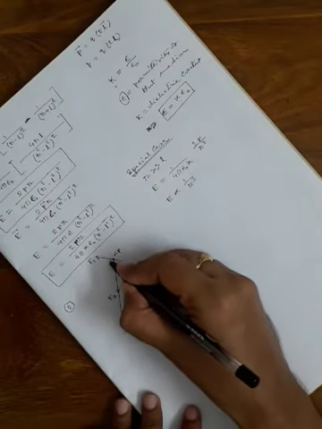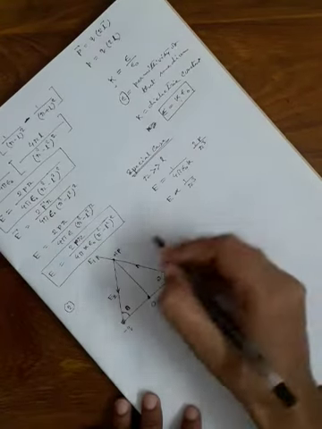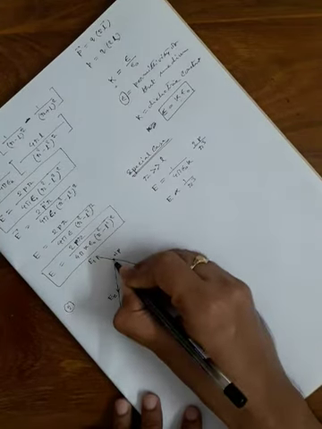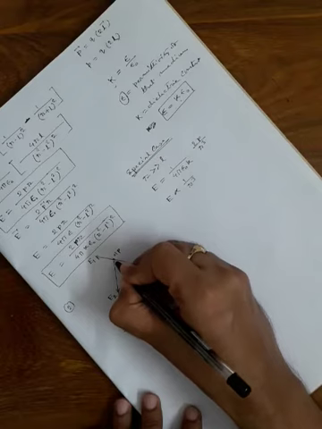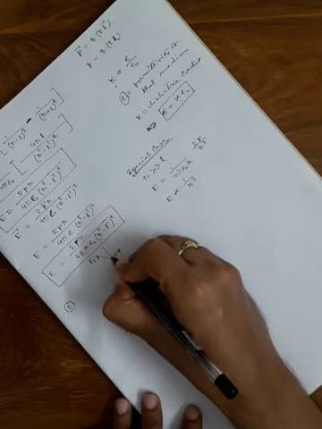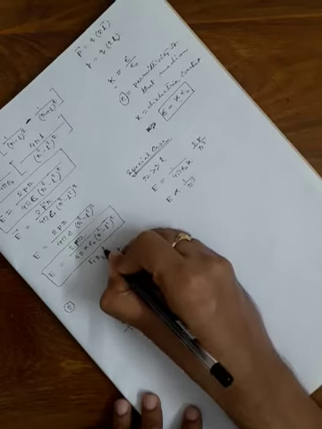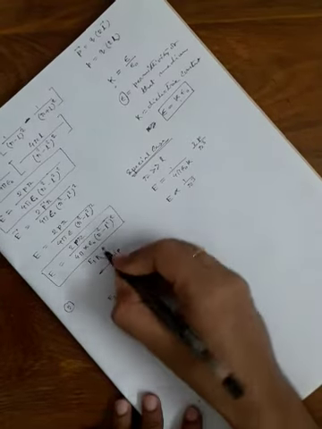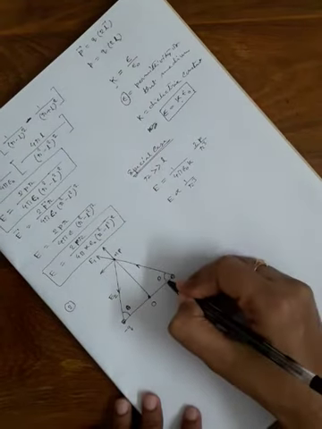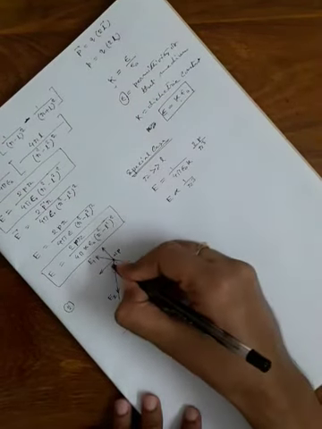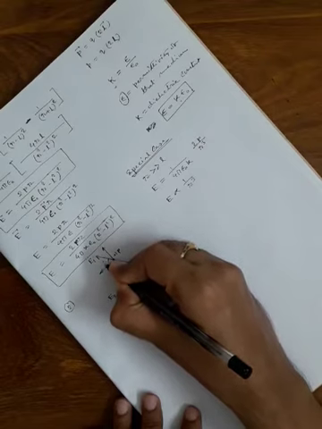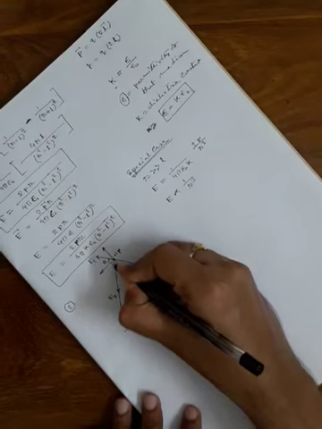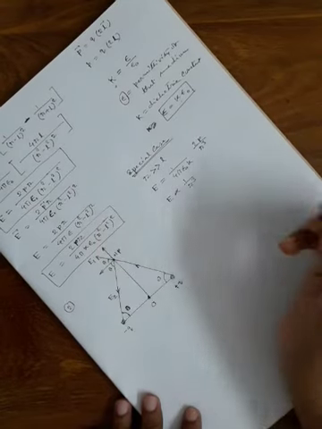Now, both E1 and E2 have two components. First, consider electric field E1. E1 will have two components. First is along this direction and the second is along this direction. This angle is theta, so this angle will also be theta.